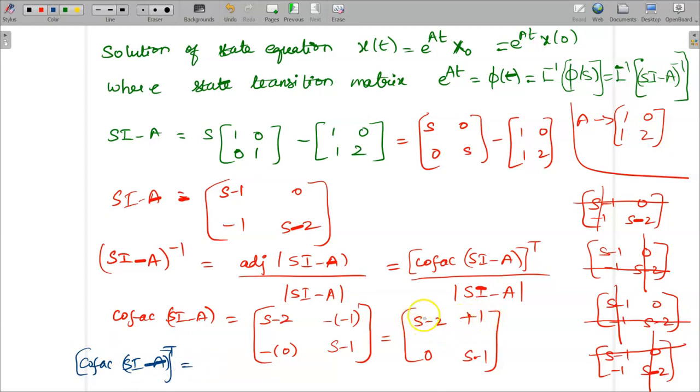So this row becomes a column: s minus 2 and 1 I write like this. This other row I write as a column: 0, s minus 1. So now this is your transposed cofactor matrix. Once you have determined that, I can easily find (sI minus A) the whole inverse.